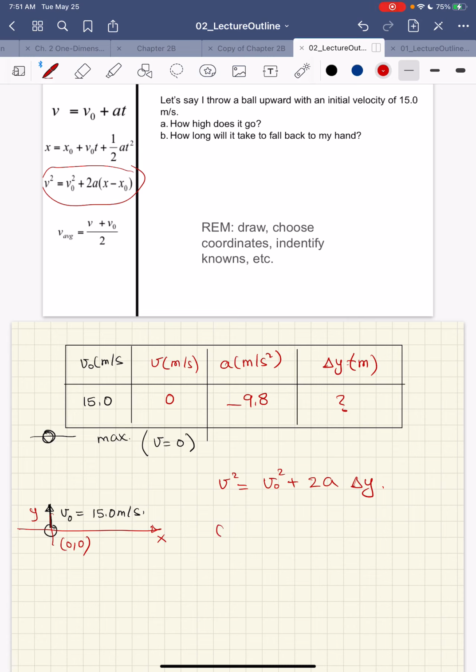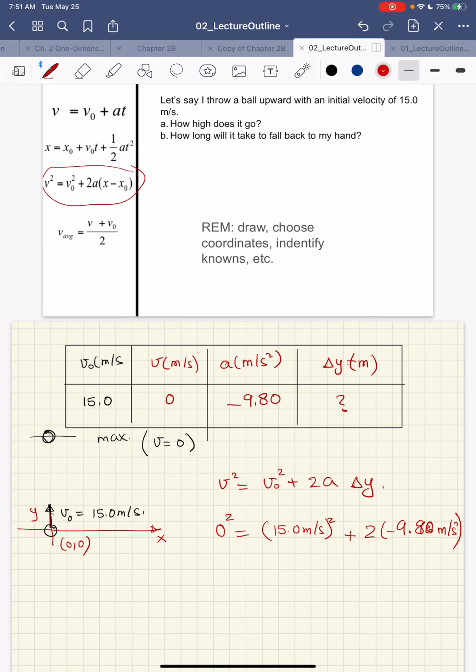Here this is 0 squared, this is 15 meters per second, and -9.8. Although in your textbook they are using -9.81, I don't like that.